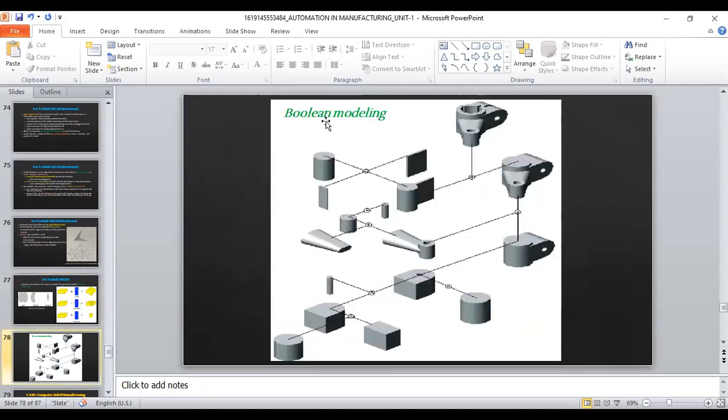So you see, Boolean modeling, as we were discussing, will take help of Boolean operations. It looks quite messy, but we'll try to understand. Starting from here, let's say, yes, starting from here. You see, we will take this part, right?